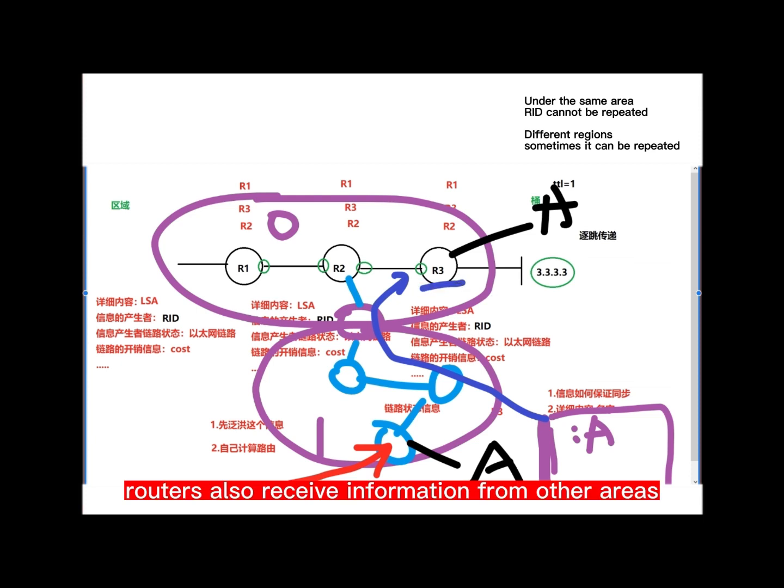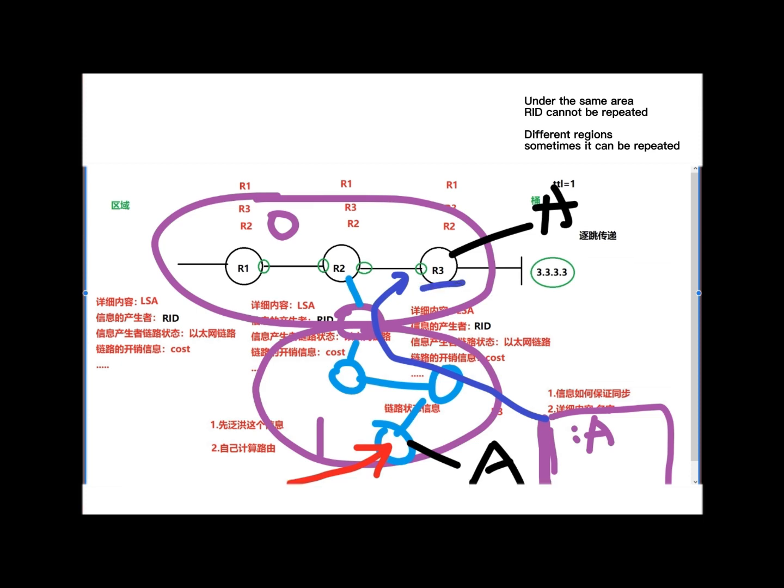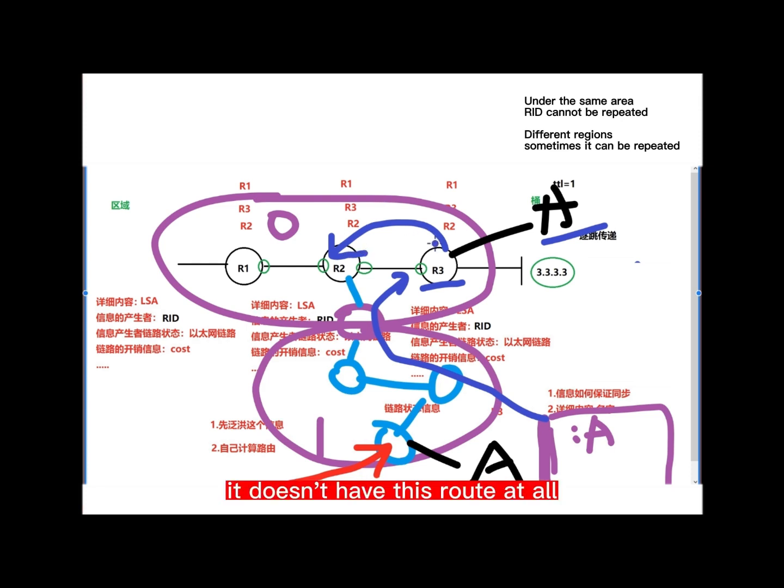Routers also receive information from other areas, but it won't work at this time. When it is received, it just tells other devices. It doesn't import at all. It doesn't have this route at all. Then this message will come back. It won't come back in this area, but instead will be delivered within this area.